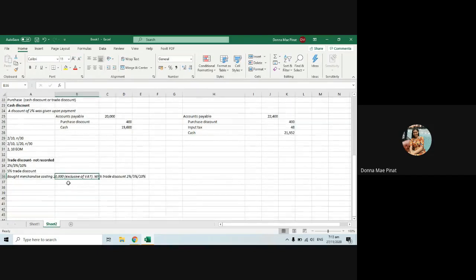So ang mahitabo is 20,000 times 0.98 times 0.95 times 0.90.